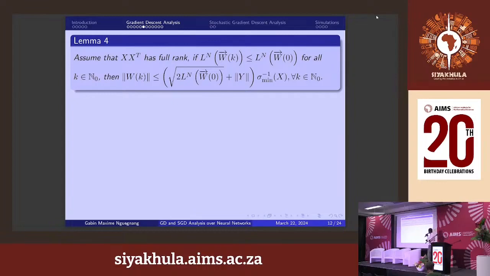With this lemma, we say that if we use the same condition as Arora and his collaborators, then we can bound the factorized matrix during the training process with a constant that depends on the input data, the output data, and the initial value of the functional. Under this condition and this other condition, this is the iterate of the loss throughout the learning process. So we could bound it with the initial value of the loss, because it will be decreasing.